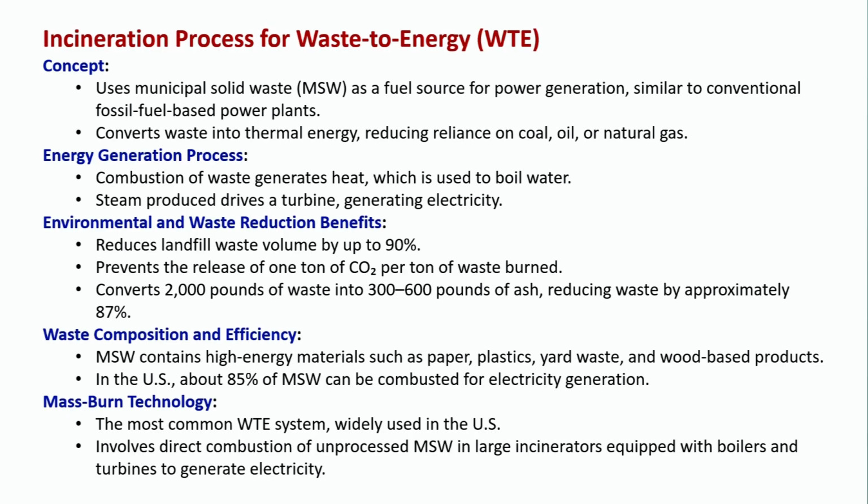In the United States, about 85% of solid waste can be combusted for electricity generation. I also gave the example of how solid waste is converted to electricity; only 12% has been converted in the form of electricity. Mass burn technology is the most common waste to energy system.